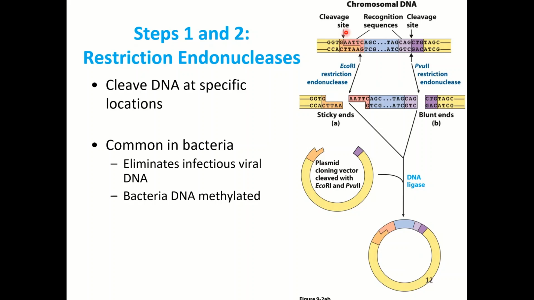When that happens, after the cut, the ends look like this. They have these overlapping sequences, which are referred to as sticky ends. It's referred to as sticky because once this end sees that end, it's just going to stick to it, I guess you could say.